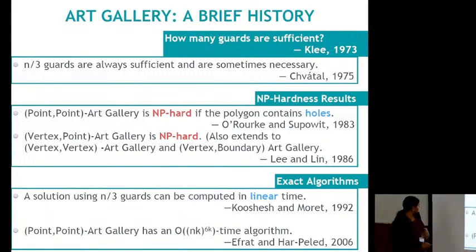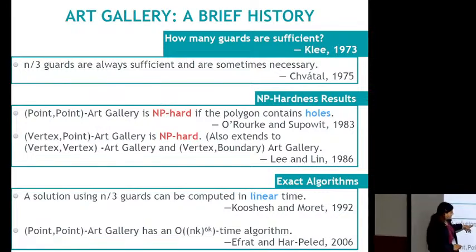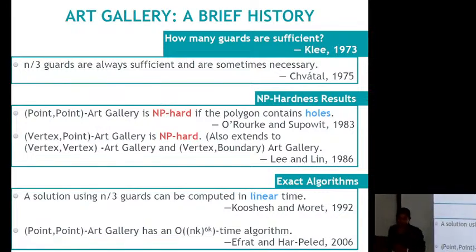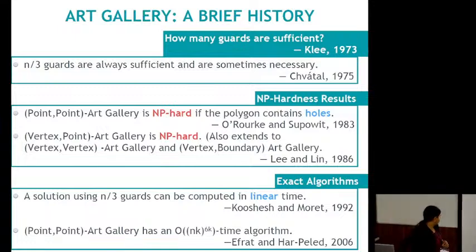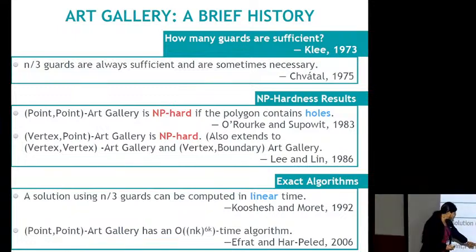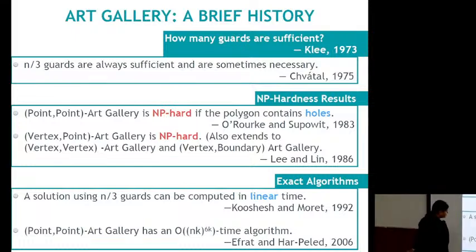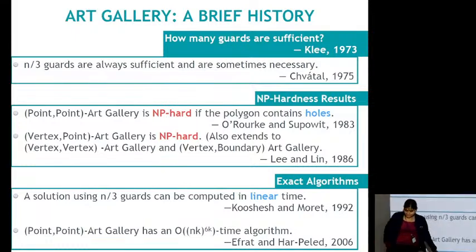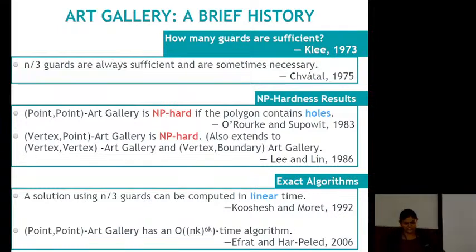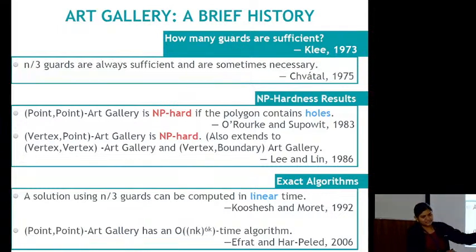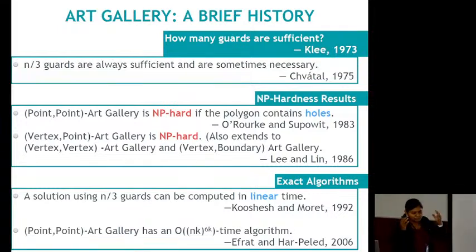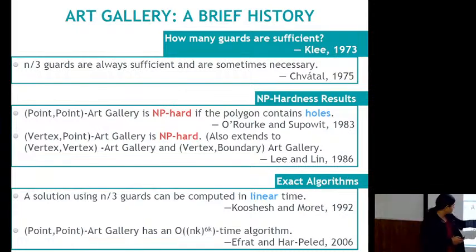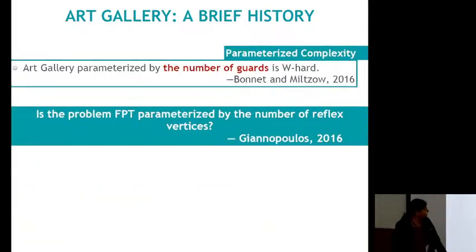For exact algorithms, a solution using n by 3 guards can be computed in linear time. And for the classical formulation of art gallery, there is an exact algorithm whose running time looks something like this. It uses some heavy machinery where you turn the instance into solving some polynomial inequalities, and that's how you get this algorithm.